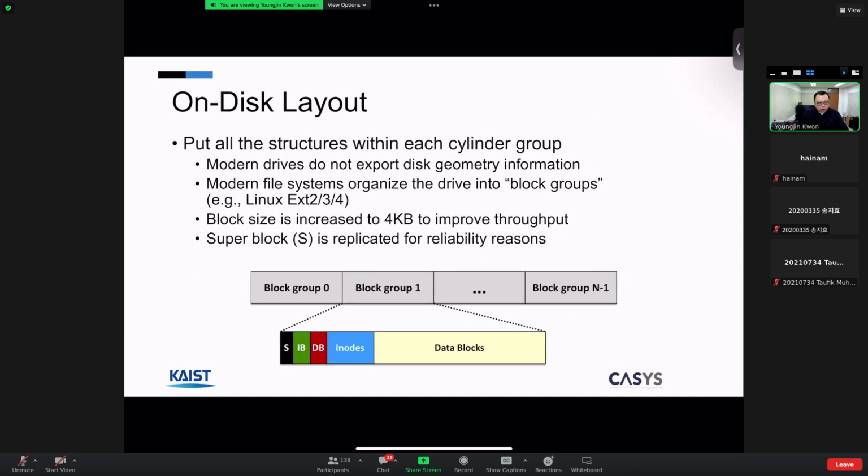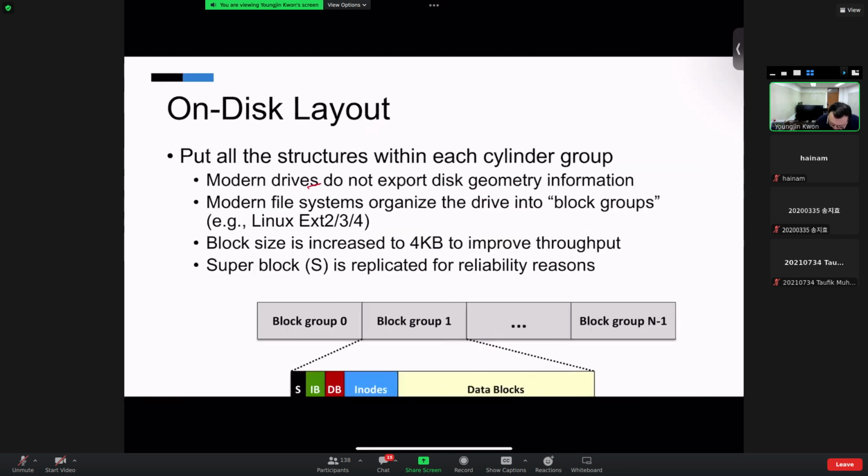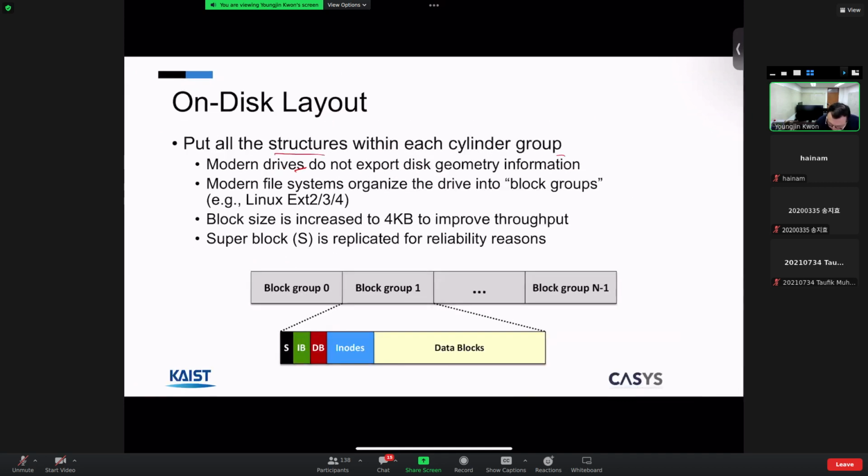Each block group pulls all data structures together with each cylinder. So this cylinder group has an effect on this layout design, where these are block groups, block groups, block groups.